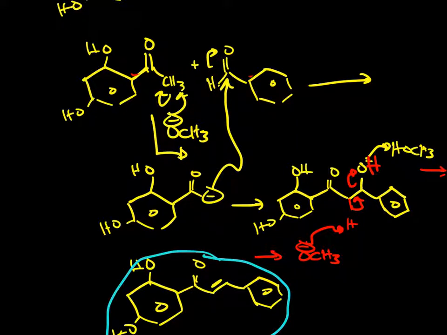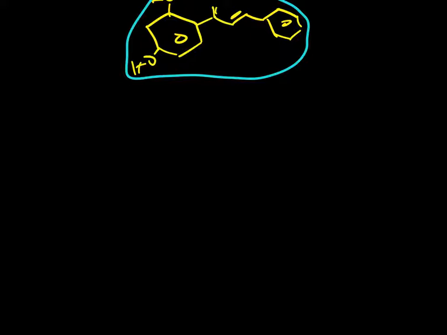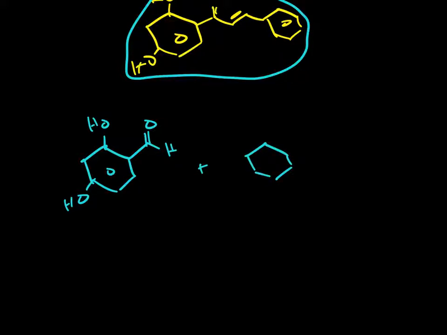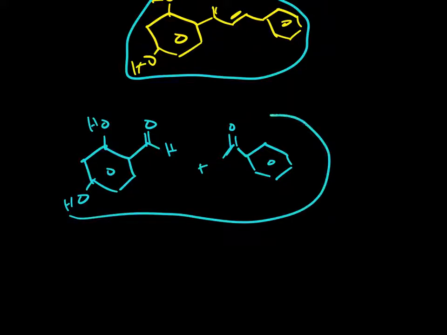So let's go ahead and draw that down here. So we have starting products, OH, OH. We know this is going to have our aldehyde. And then we know our other benzene ring with nothing on it is going to have the CH3 here. So these are going to be our reactants.